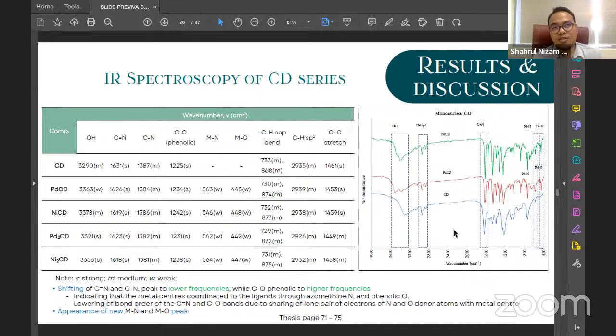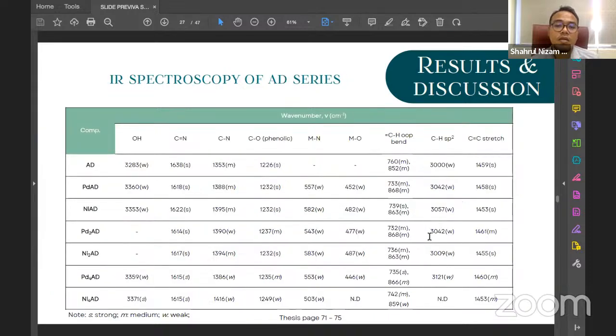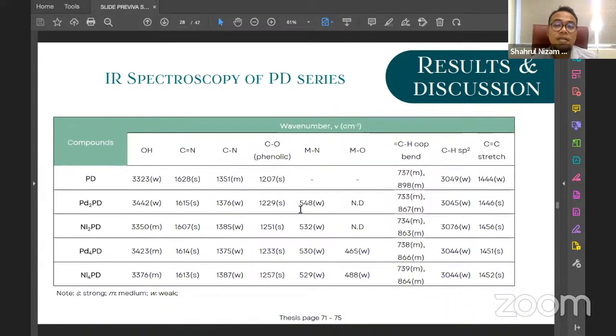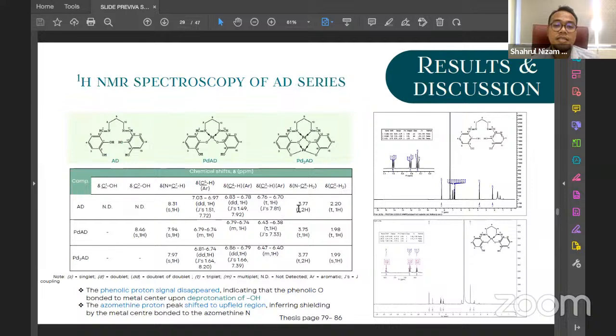So the fewer electrons you have, the stronger the bond, but the more electrons flowing into the LUMO of the ligand, the weaker the bond. Weak bonds can be indicated by lower frequency in the IR. So that's how we tell. Can we proceed so far? So these are some data, some significant bands of the PD-AD series.